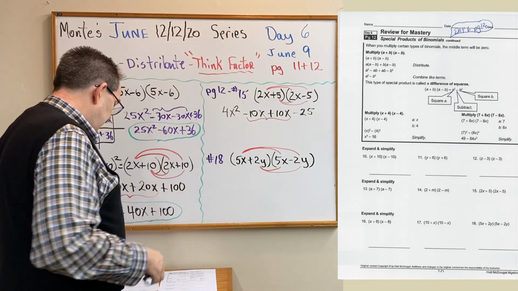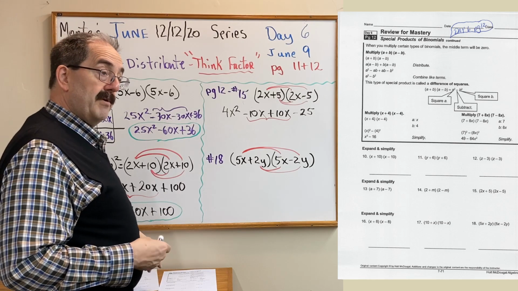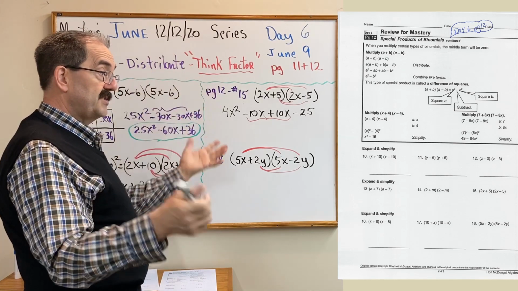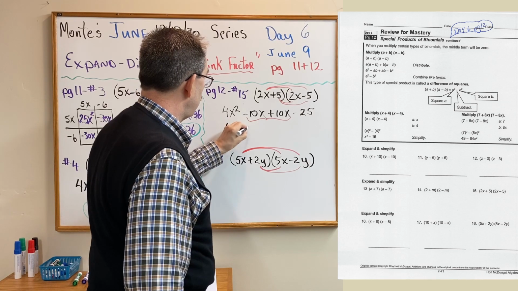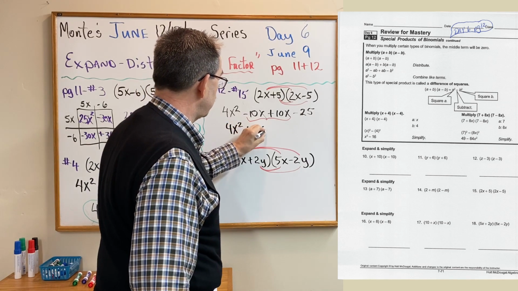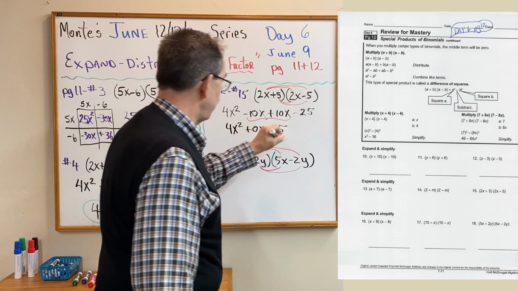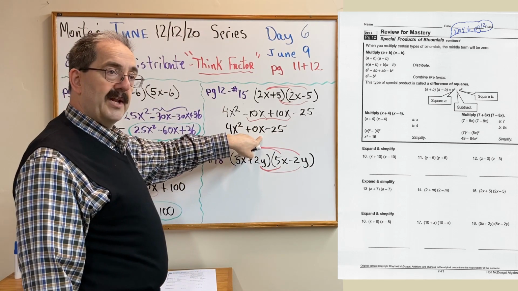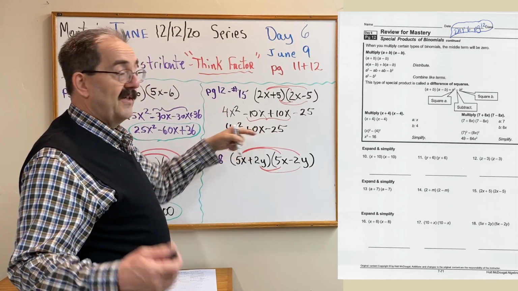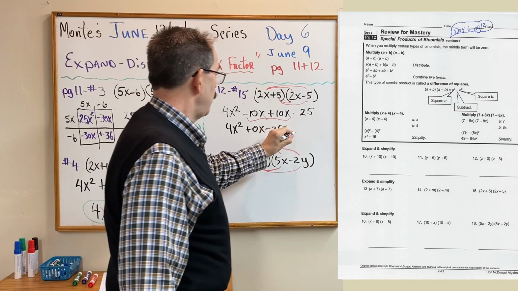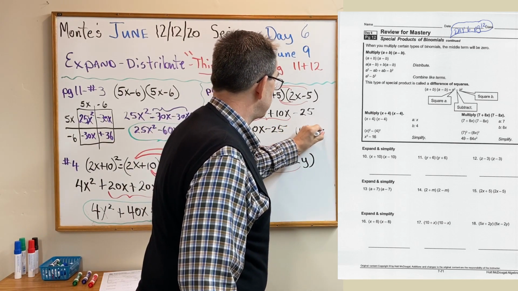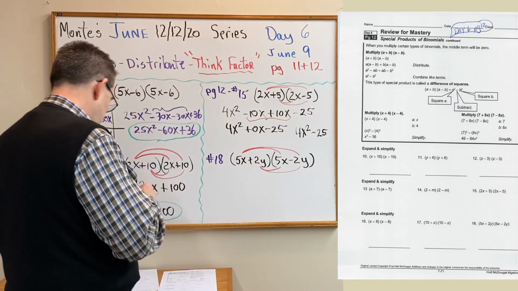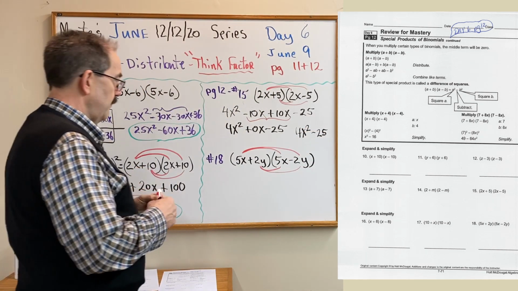When one of them is positive and one of them is negative, the middle term disappears. 4x squared plus 0x minus 25. Notice how you get a 0x. That's not how we write the answer. We would write the answer 4x squared minus 25. Okay? So go ahead and jot that down.